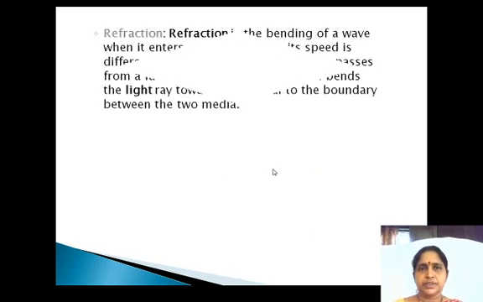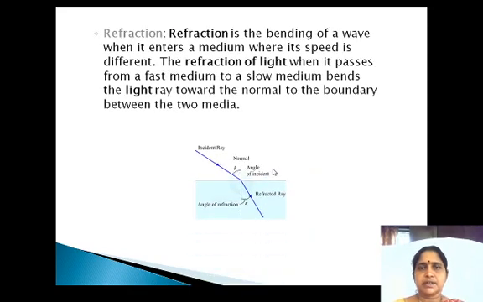Next, refraction. Refraction is the bending of a wave when it enters a medium where its speed is different. The velocity changes from a rarer medium to a denser medium. When light is incident on the denser medium, it travels through the medium and bends towards the normal.